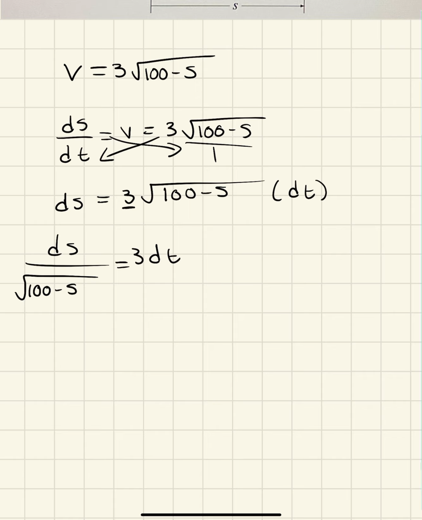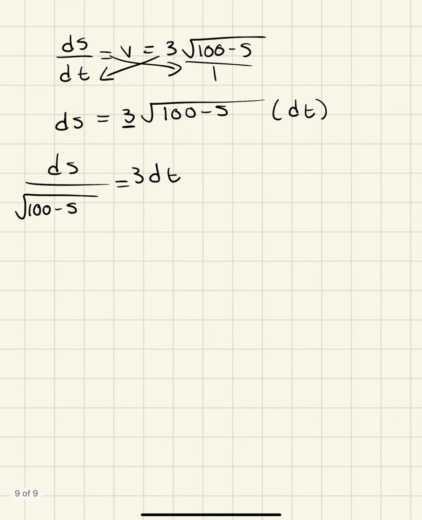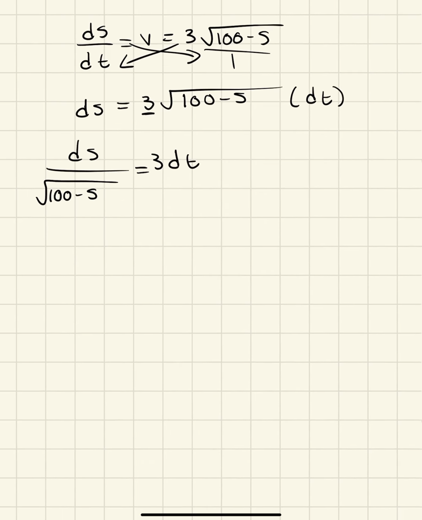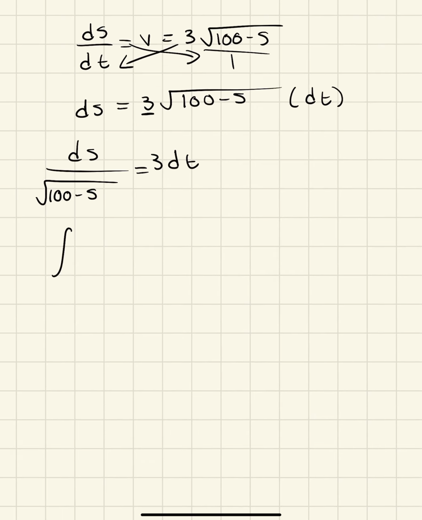So ds divided by root (100 minus s) equals 3 dt. Since we isolated the variables, now we can go ahead and integrate. So the integral of ds over root (100 minus s) equals the integral of 3 dt.